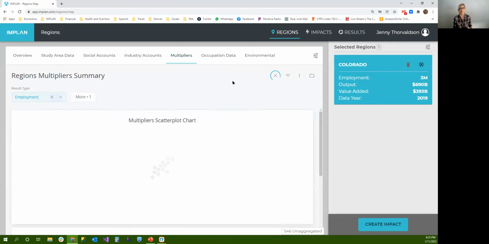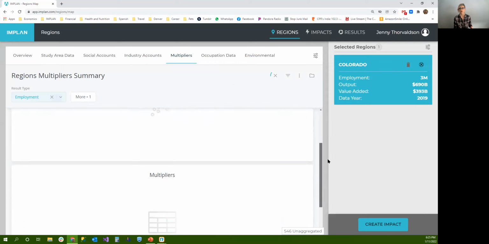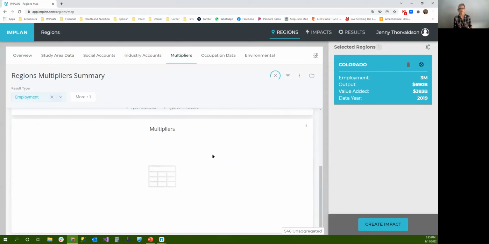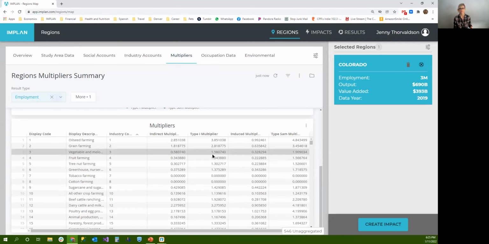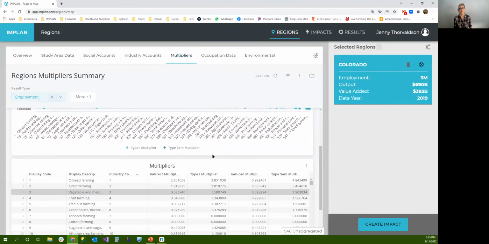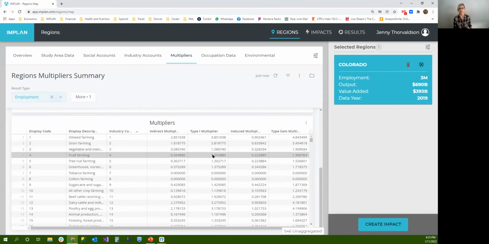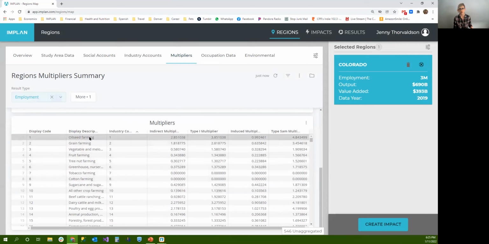And there you'll see there is just one number per industry. So we'll just give it a moment to load. And there's a scatter plot up there if you're interested, but I'm going to hop right down to the table. And for each industry, you can see there's just one row. And it does break it down into the components of the multiplier. So the type 1 multiplier is just the direct and indirect impacts.